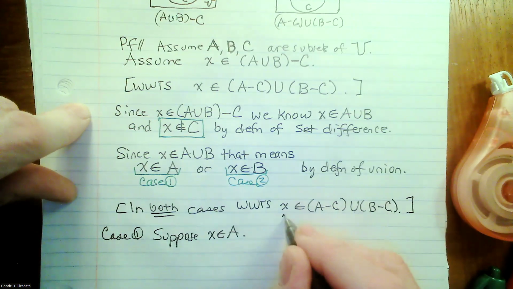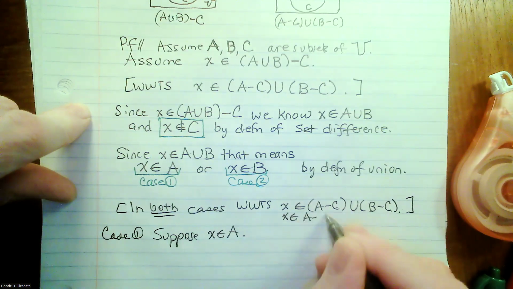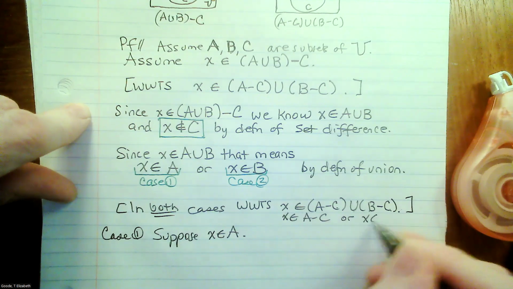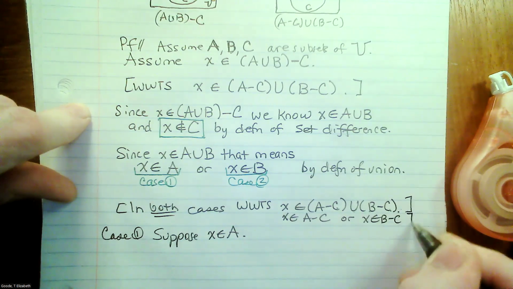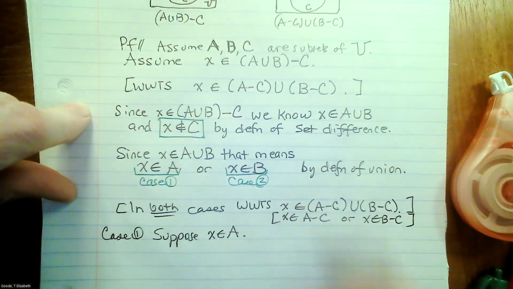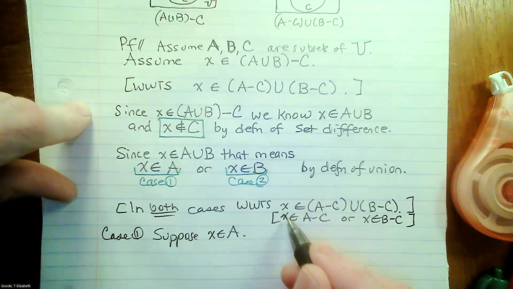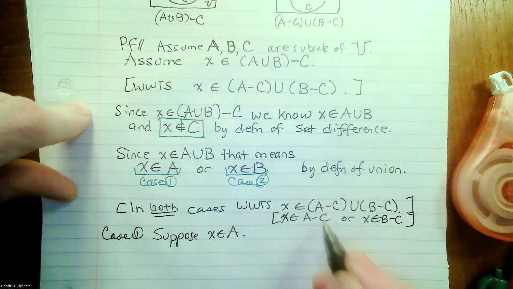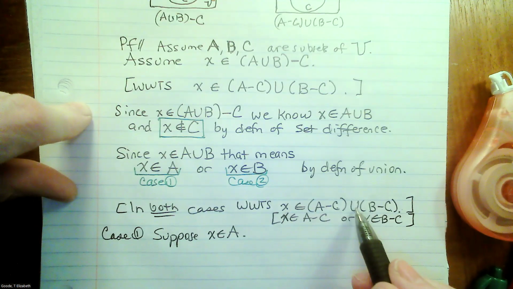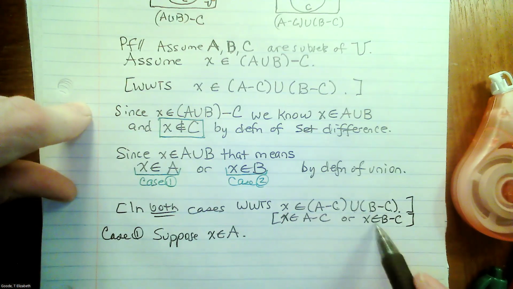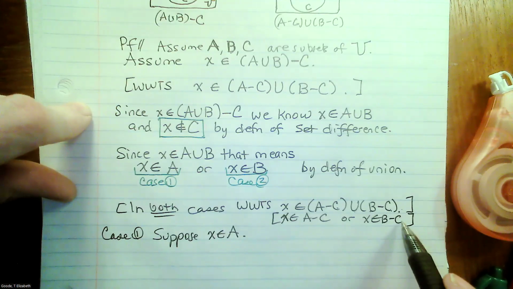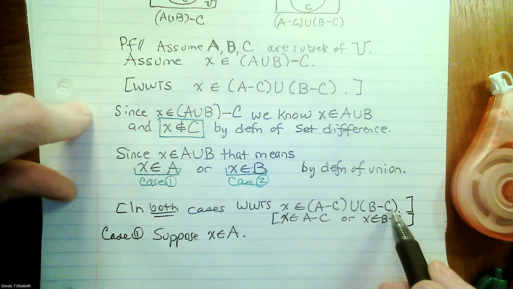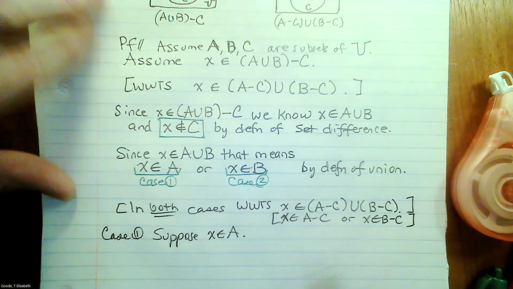So we want to show that X is in A minus C or X is in B minus C. If we can get X is in A minus C, then it'll be in this union by definition of union. If we can get that X is in B minus C, then it will also be in the union by definition of union.